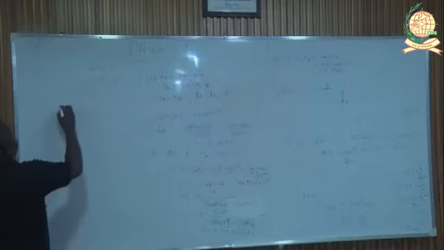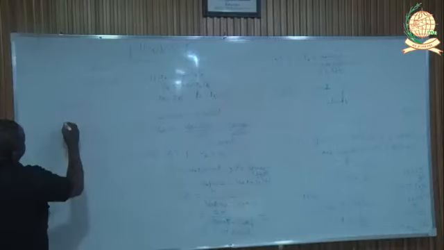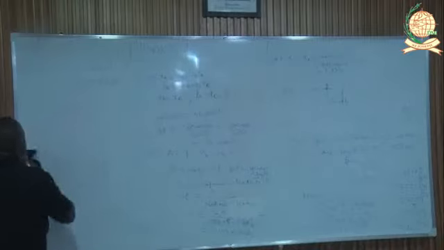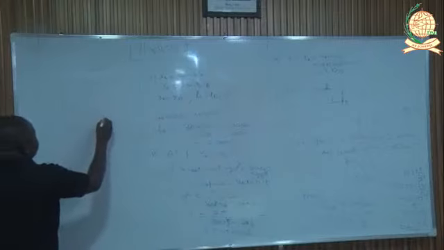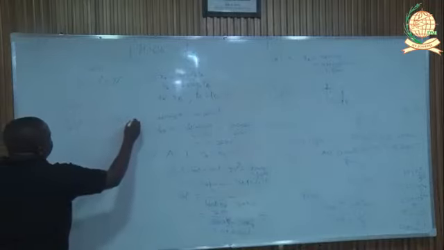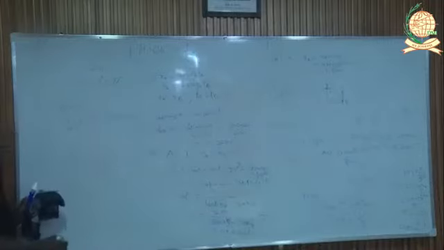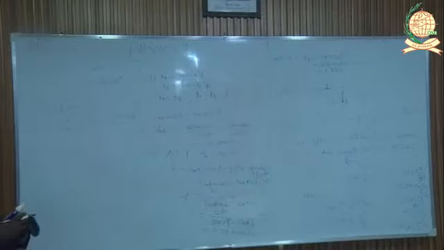Therefore, we know the acceleration due to gravity is g' = g - omega square R cosine square of the latitude, where R is the radius of the Earth and alpha is the latitude.